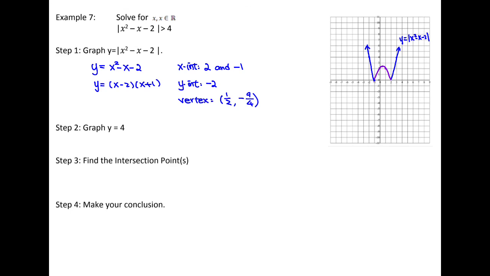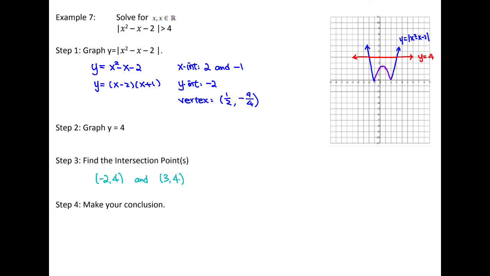Step 2. Let's graph another horizontal line at y equals 4. Step 3. Let's identify the intersection points. The first one will be at (-2, 4), and the second one will be at (3, 4). This time, our inequality says our absolute function has to be bigger than 4, higher than 4.